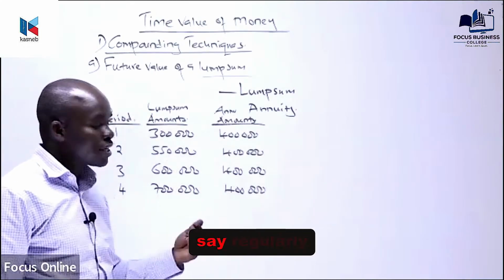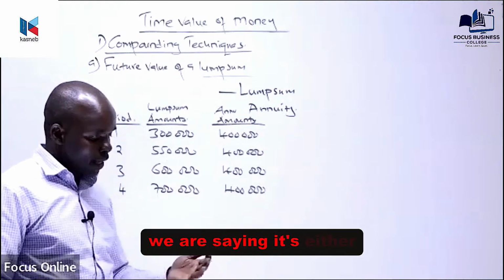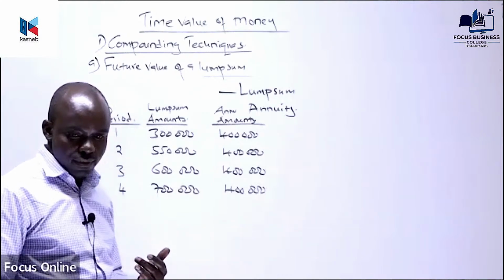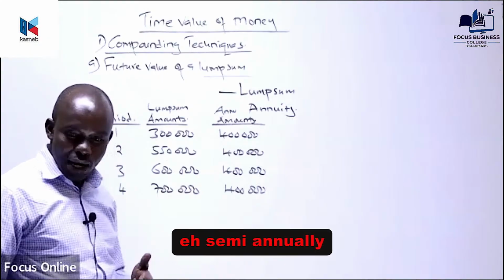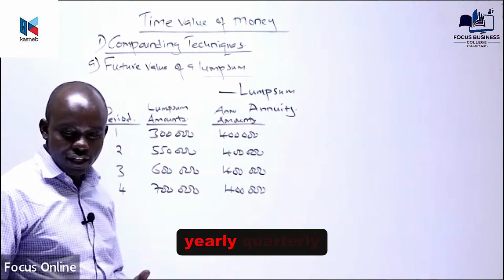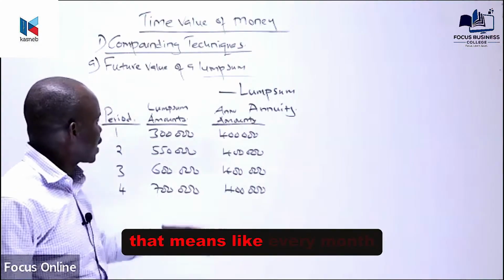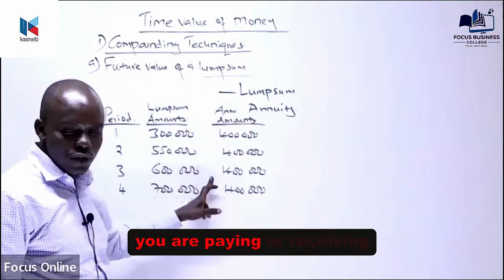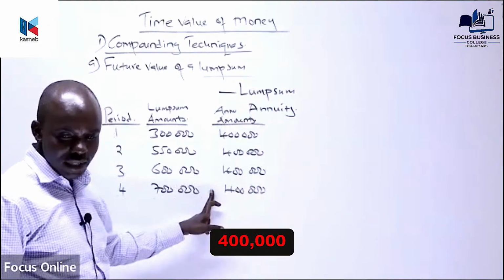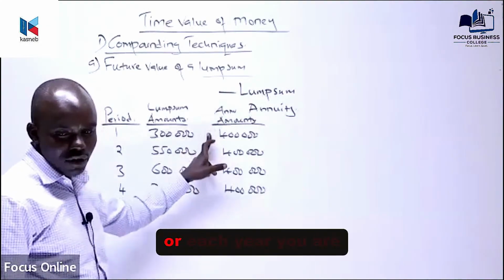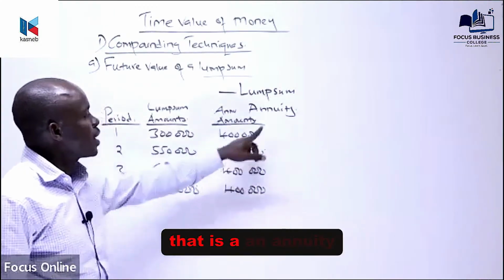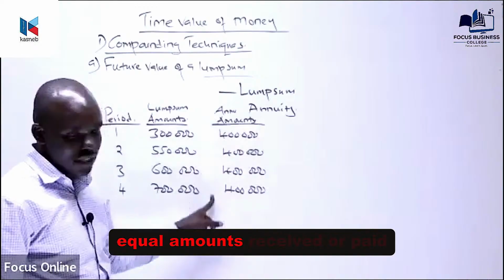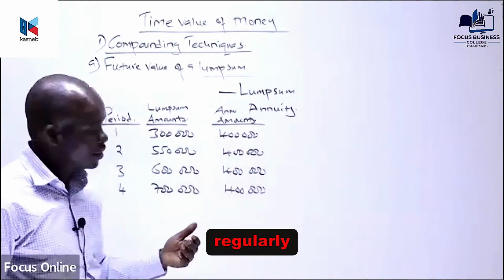And when we say regularly, we are saying it's either monthly, weekly, semi-annually, yearly, quarterly. That means like every month you are paying or receiving 400,000. That is an annuity. Or each year you are paying or receiving 400,000. That is an annuity.